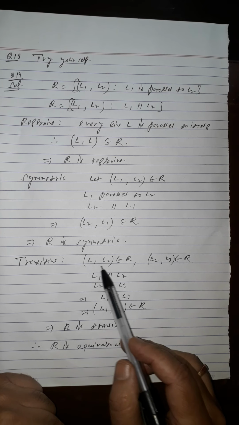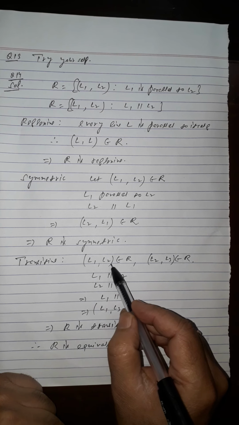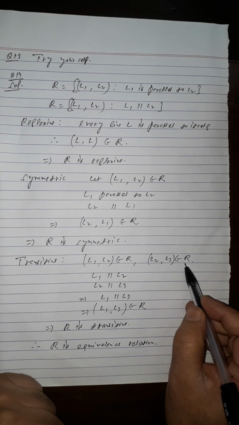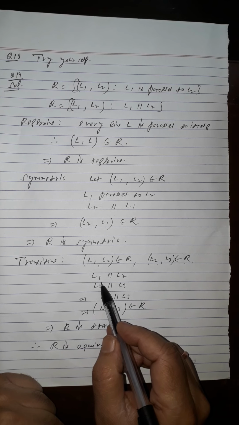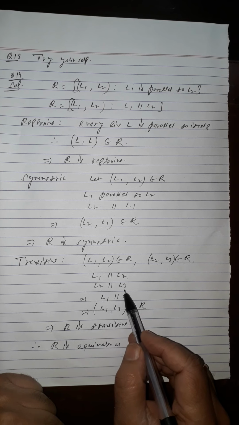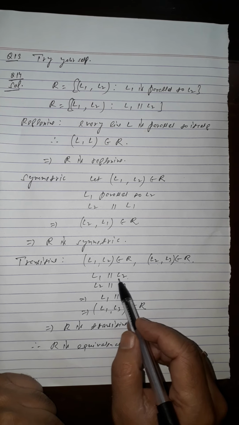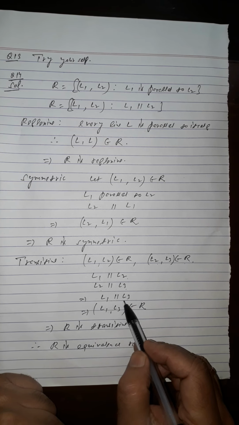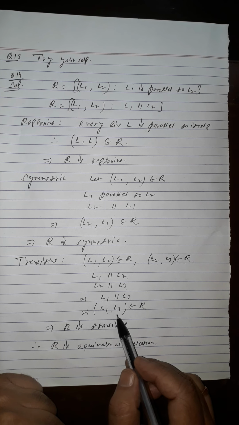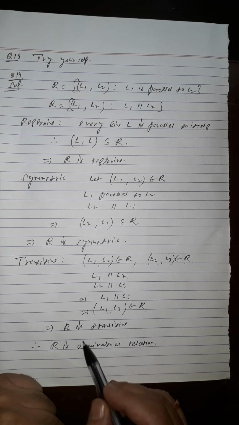Now if (L1, L2) belongs to R and (L2, L3) belongs to R, then what can you say students? L1 is parallel to L2. Now L2 is parallel to L3. It means L1 is also parallel to L3. This implies that (L1, L3) belongs to R.